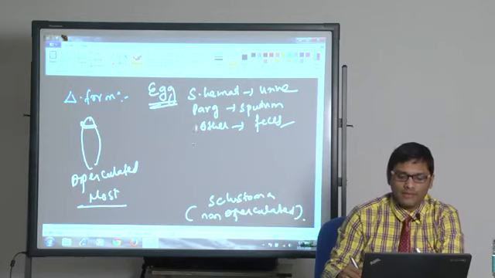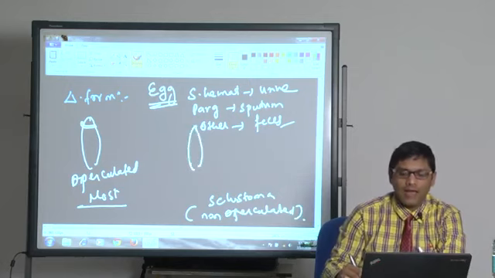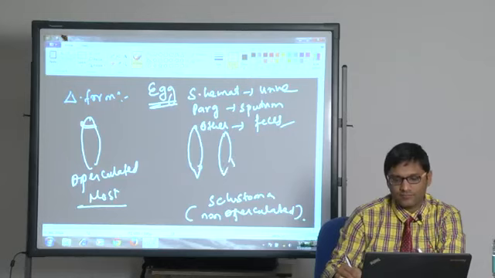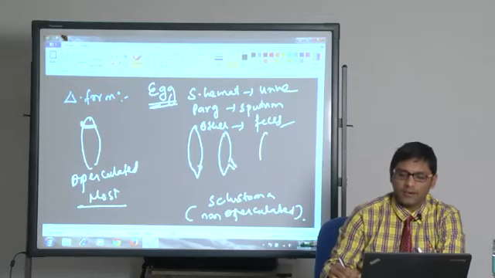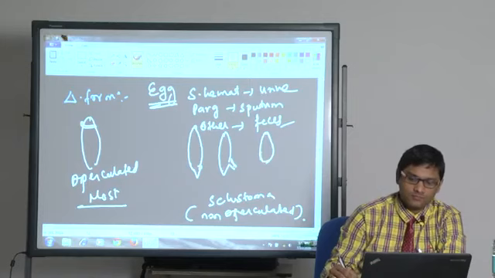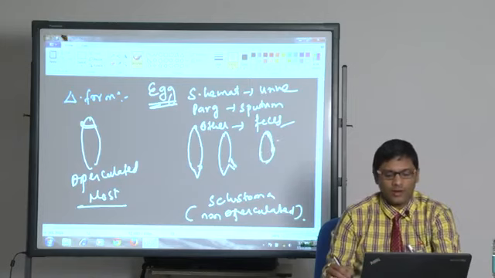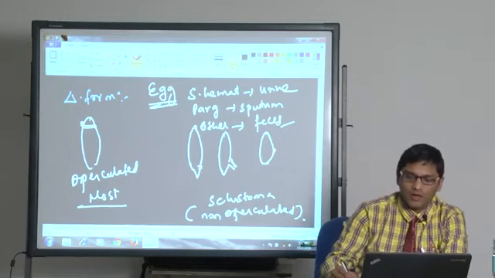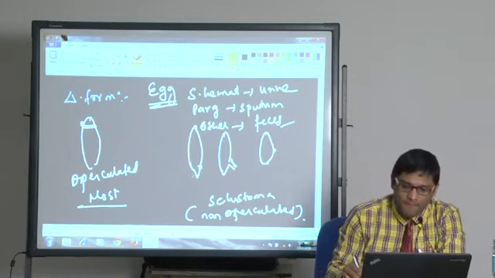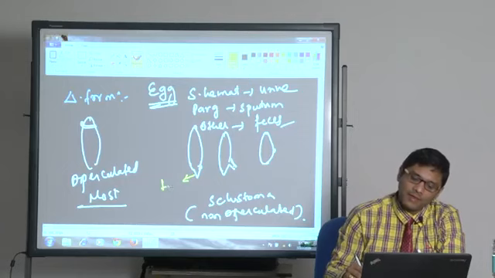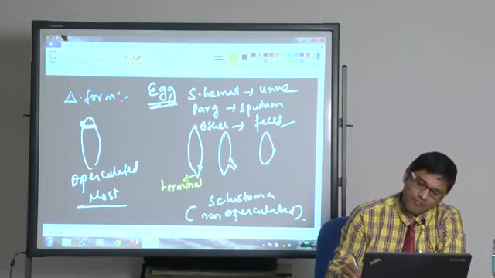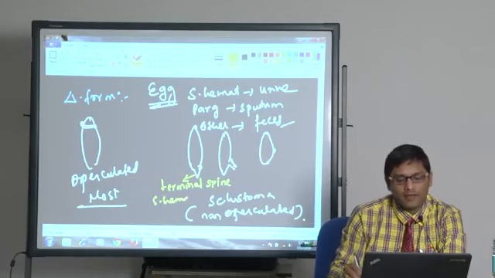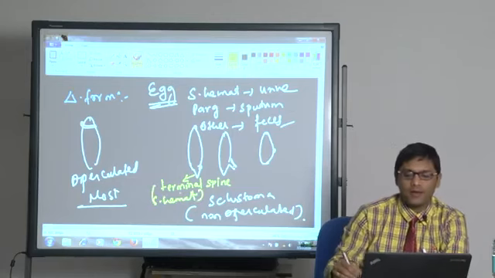Instead of operculum they have a spine, and based on the spine you can speciate. Haematobium has a terminal spine.